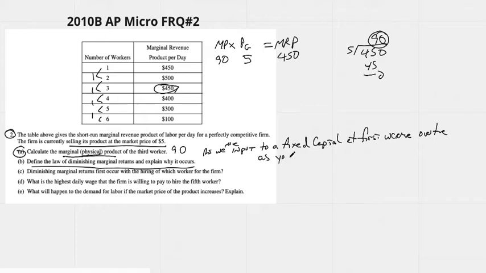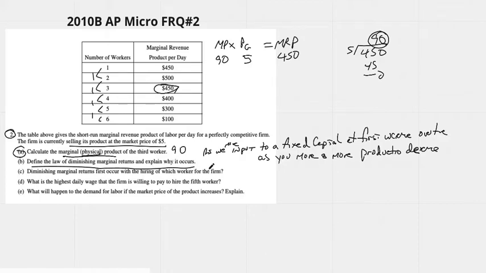As you add more and more inputs, production will decrease. I wonder if that's going to be okay. I'll have to look it up afterwards. I tend to do these just off the cuff. I think that would be right.